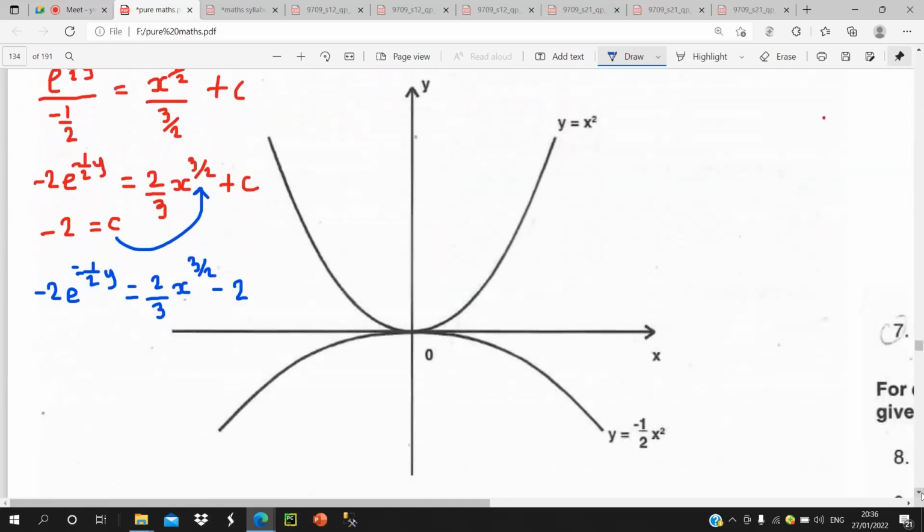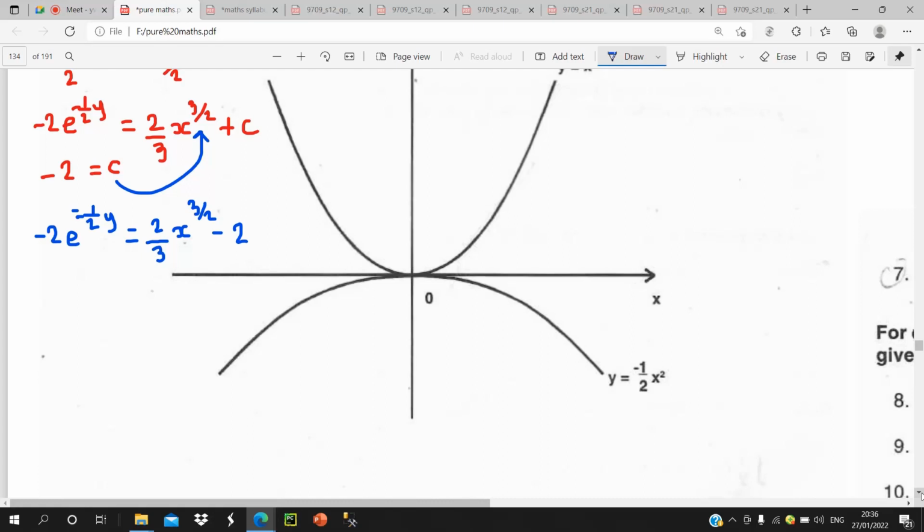From here, let's make our y the subject. But before making y the subject, because y is on power, e to the power, we have to get rid of this minus 2, right? Yes. So maybe you can write aside, say divide each term by minus 2, right?